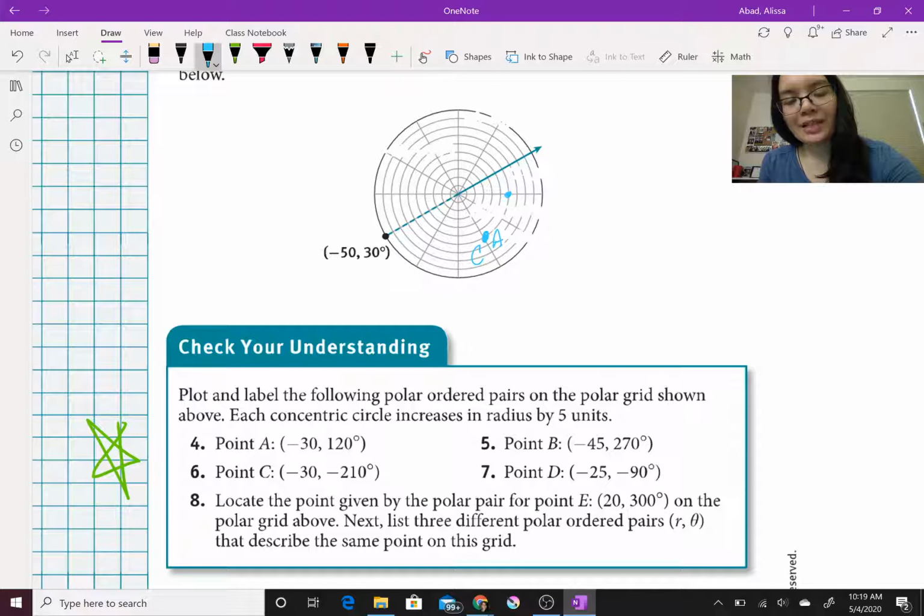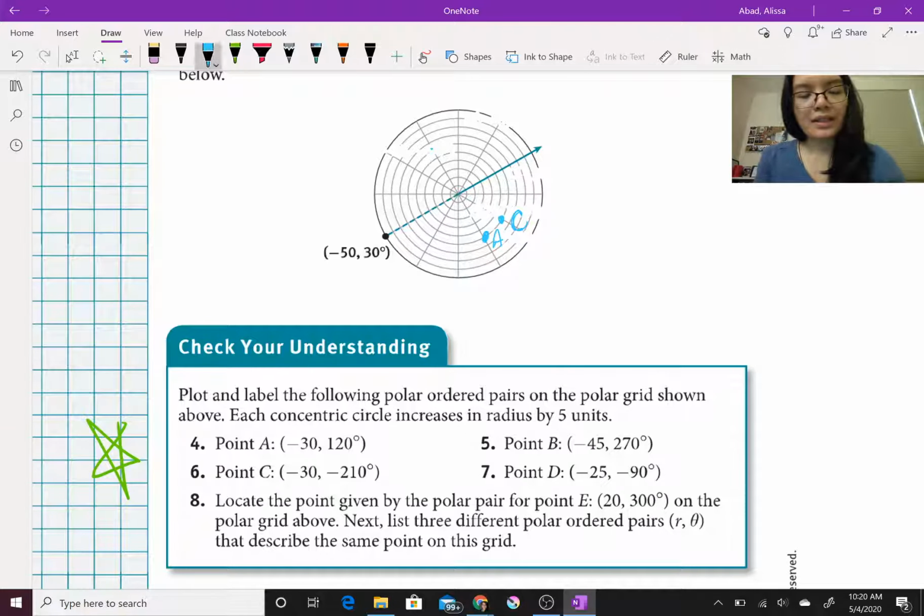This is 180 degrees. 210 degrees is up over here. Oh, I think I had labeled it incorrectly the first time over. Oops. Okay, so this was actually where C would have been here. So C is actually not in the same position as A.